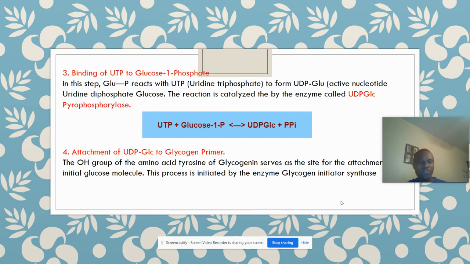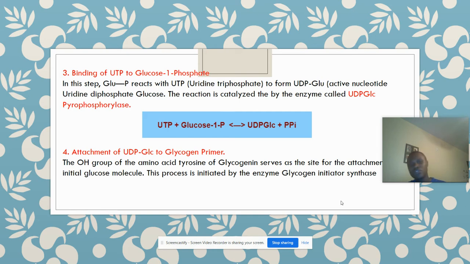The fourth step in glycogenesis is the attachment of uridine diphosphate glucose to a glycogen primer. The OH group of the amino acid tyrosine of glycogenin serves as a site for the attachment of the initial glucose molecule.